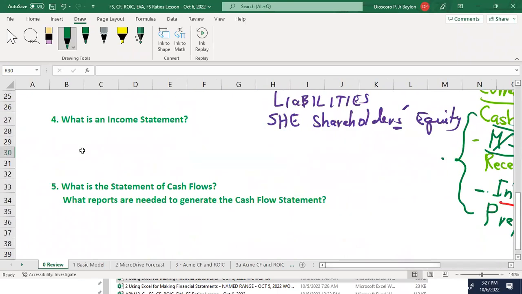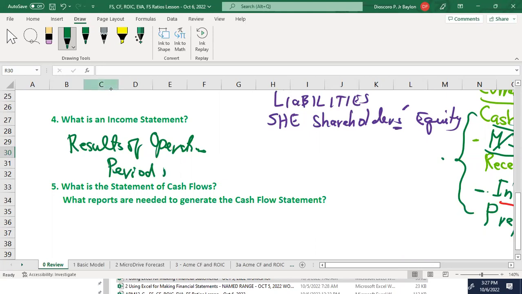Okay, how about the income statement? What does the income statement give us? We already defined this. It gives us the results of operations, and here it's for a period of time.